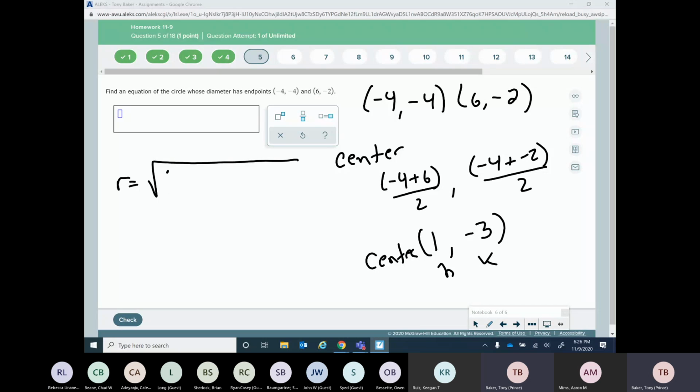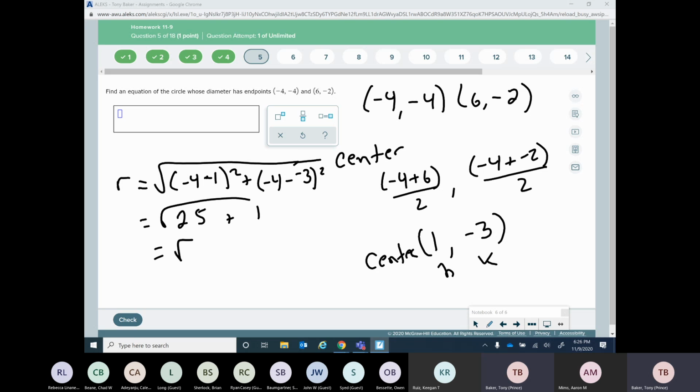It doesn't make a difference which point you choose; they'll both give you the same thing. So I get negative 5 squared, which is 25, plus 1, so the square root of 26 is my radius.